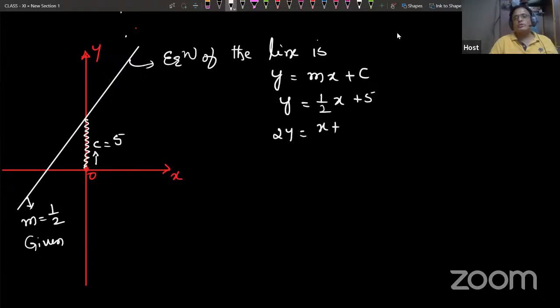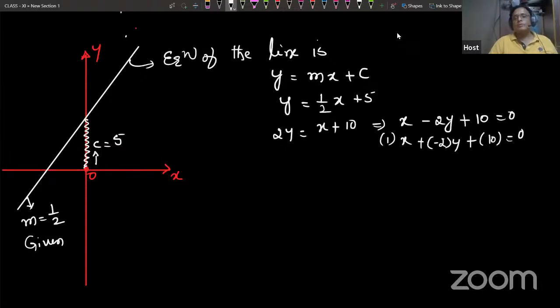Therefore, this can be written as x minus 2y plus 10 is equal to 0. Once again, we can write it as 1x minus 2y plus 10 is equal to 0. I told you, the final answer should be in the form of ax plus by plus c format.